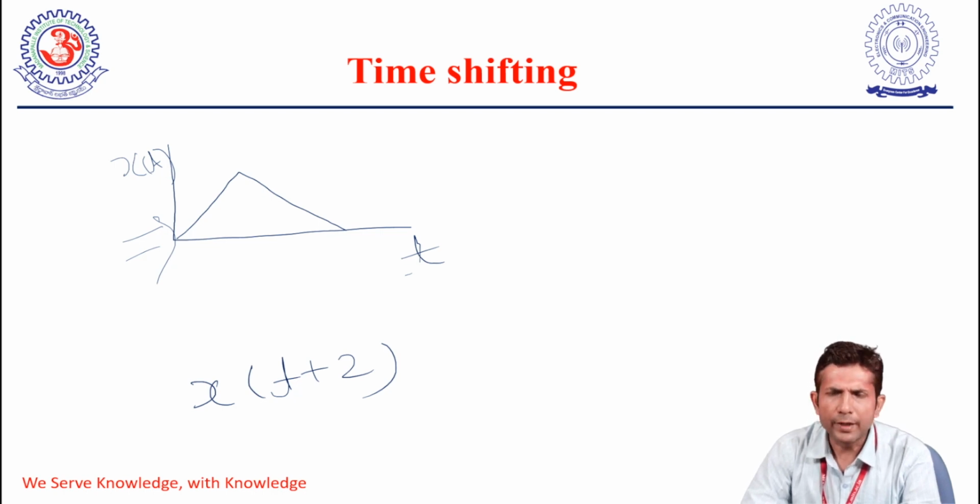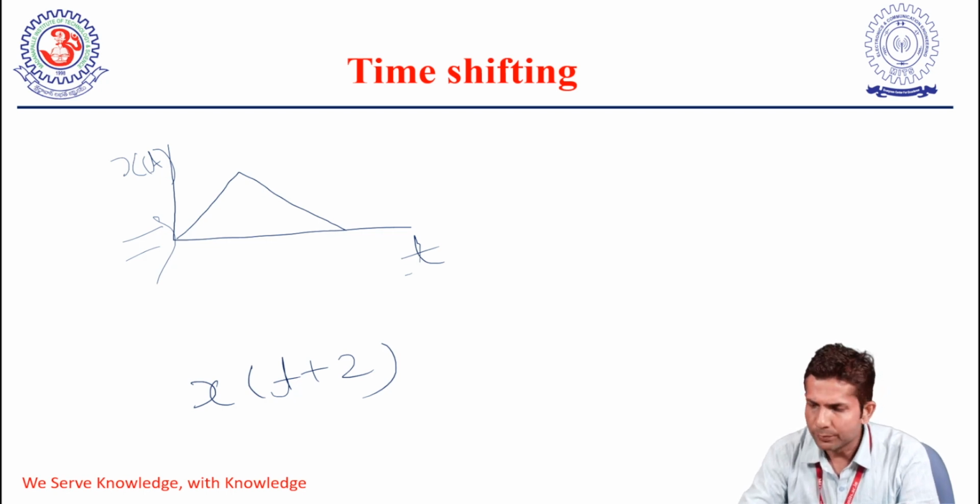So how can we draw x of t plus 2? Let us first understand what is t plus 2. T plus 2 means we want to advance the time by 2 units. If we want to advance something, it should come earlier. So let us draw x of t plus 2.